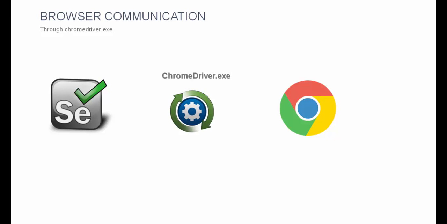That translator is a software which acts as a mediator to convert your Selenium API calls to Chrome-driven actions, and the responses of Chrome are sent back using the Chrome driver. So you put an action, the Chrome driver takes it and converts it to an action for Chrome. Now Chrome comes back and gives you a response, and that is converted back as a response to the Selenium WebDriver. Sounds nice. Now this is how Selenium works.